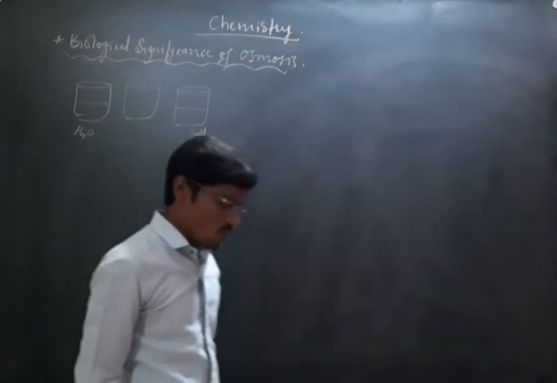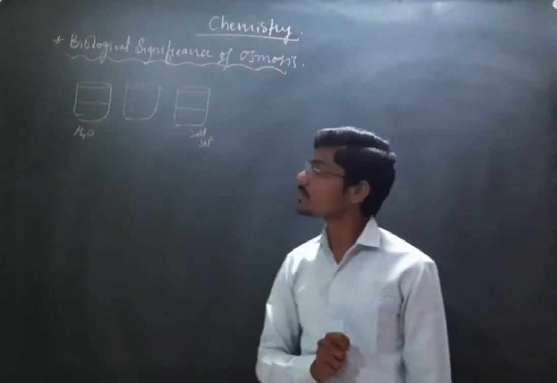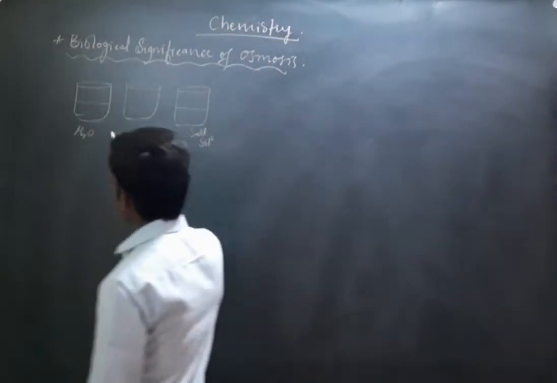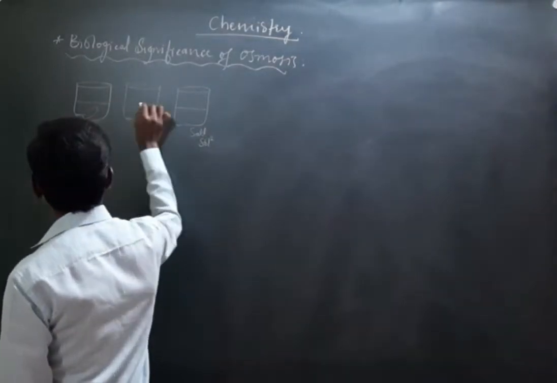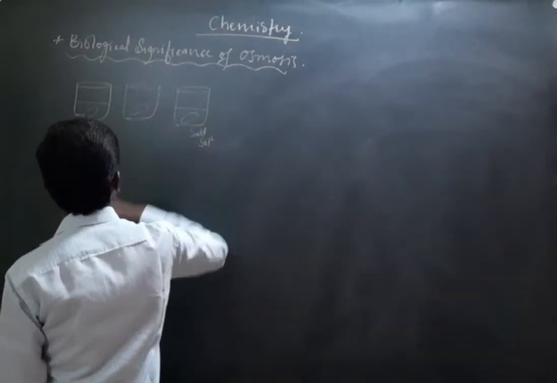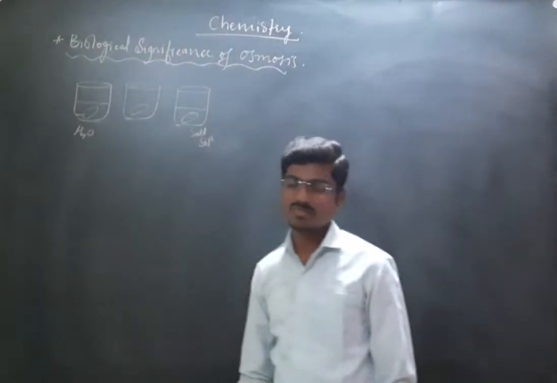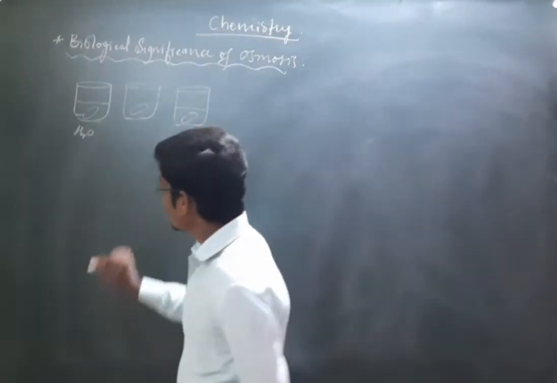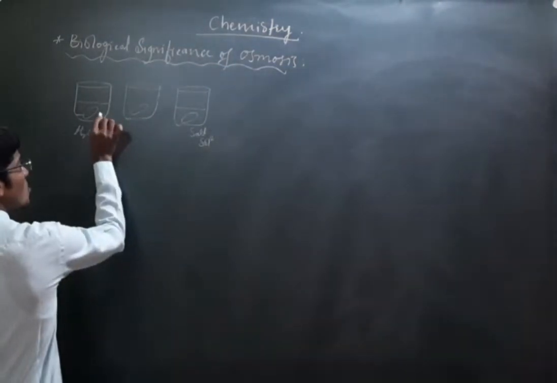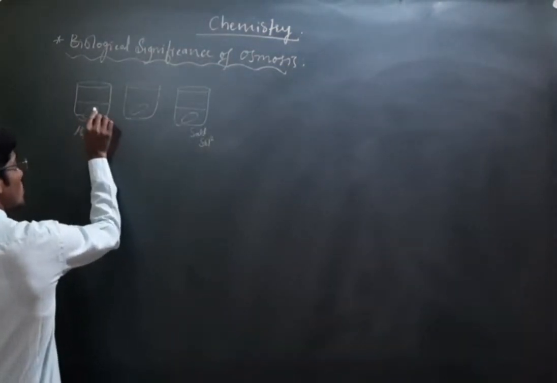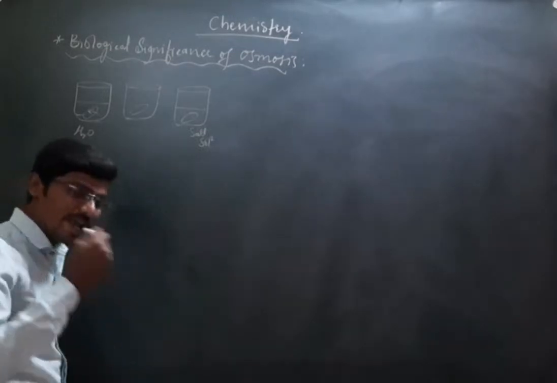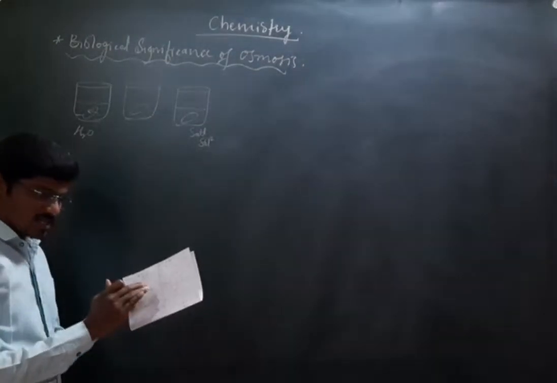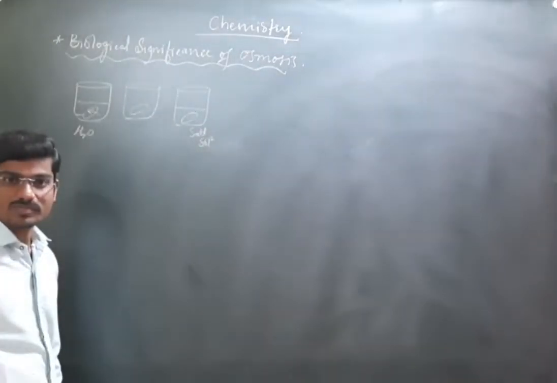Now place one egg, of the same size, in each beaker. In case of water, the concentration of water is more, and hence the water molecules enter into the egg, as a result the size of the egg increases.